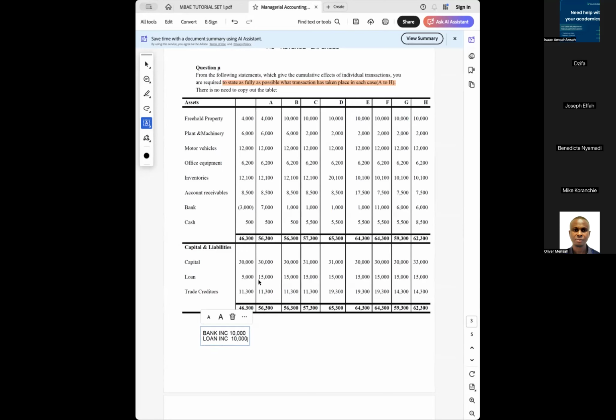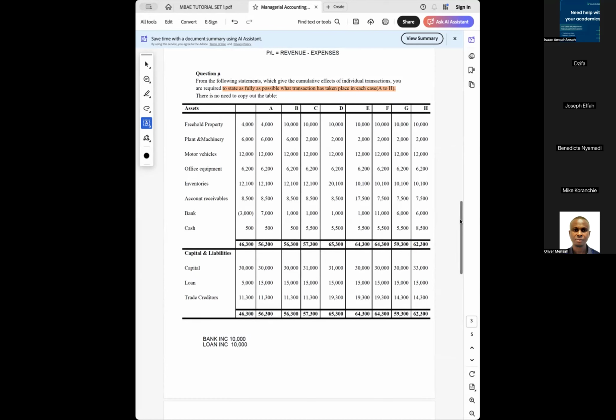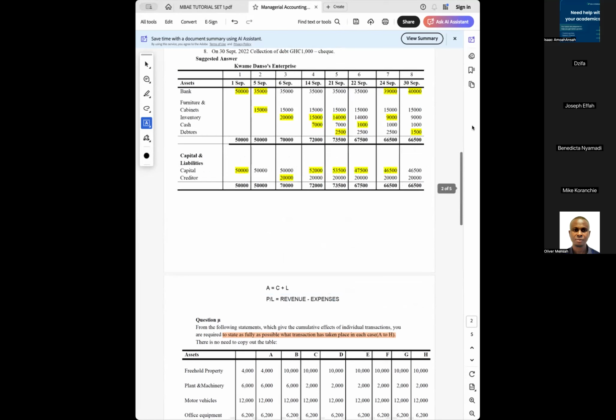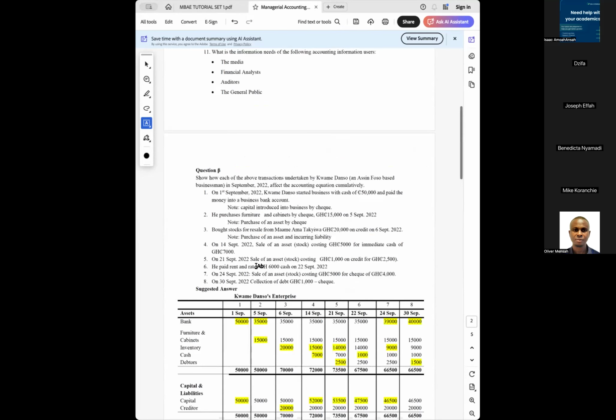But what is the answer? The answer says that we should state as fully as possible the transaction that has taken place. Our transactions should be so simple; we shouldn't complicate the transaction. Look at how transactions look. He paid rent and rate 6,000 cash on September 22nd, right? That's a transaction. Finished.